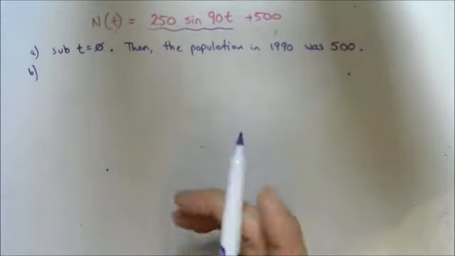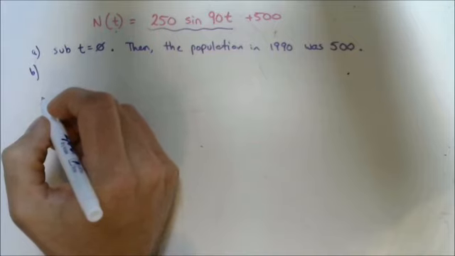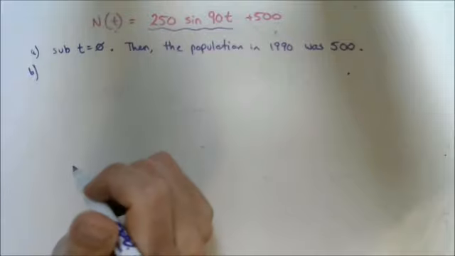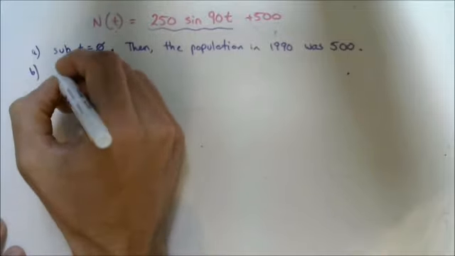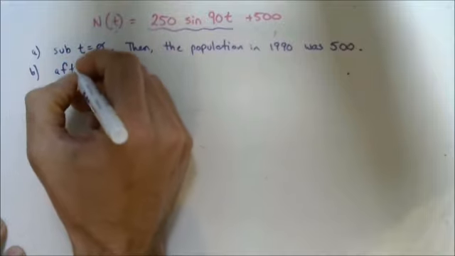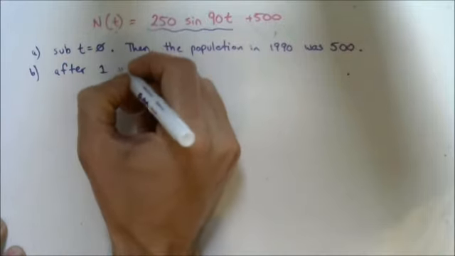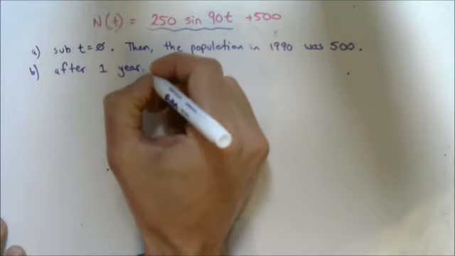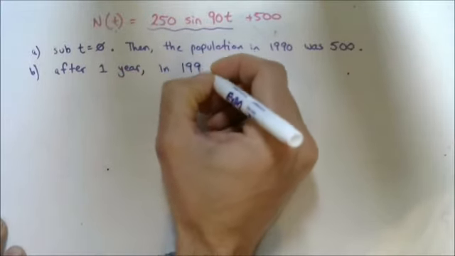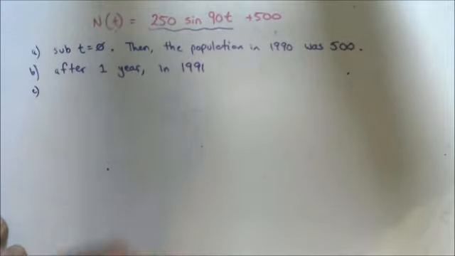But we're going to just do it on Desmos and draw it out, and we've determined that the maximum first occurs after 1 year. So in 1991, I'll say after 1 year, comma, in 1991. C, what was the maximum population at this time?